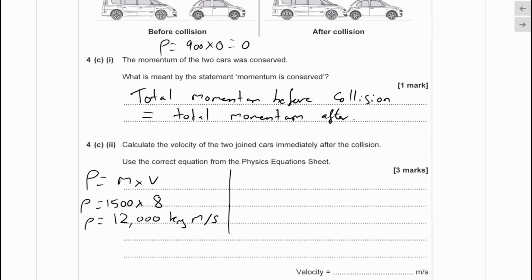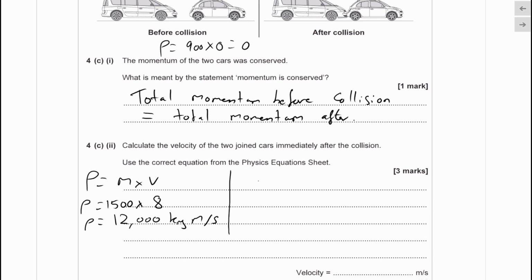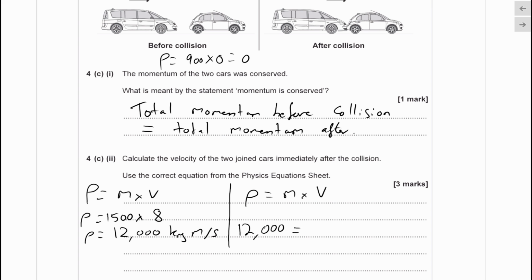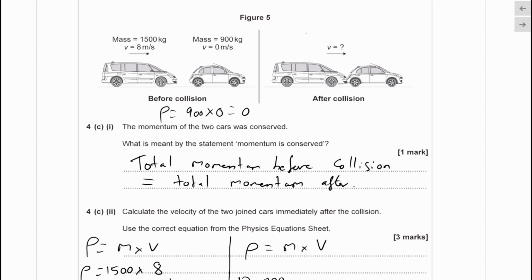Now after the collision, I'm going to do on this side, and I'm going to say that total momentum must be conserved, right? So I'm going to use the same equation, but the momentum is conserved. So I now know the momentum is 12,000. That is equal to the mass times the velocity. Well, I want the velocity. Do I know the mass? Yes, I do, because they're moving together. They have a total mass of 1500 plus 900 equals 2400 kilograms.